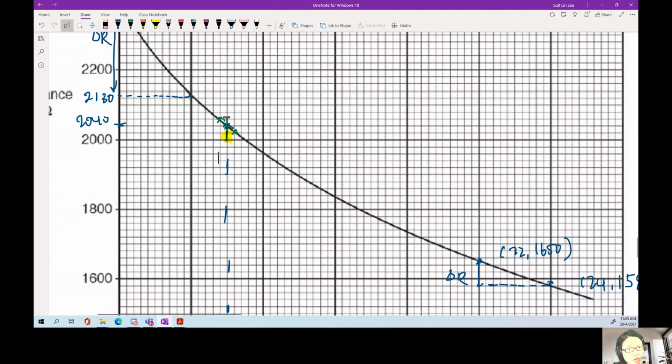Okay, so this is 2040. Your 2020 is down here. Look at where the curve is cutting the box here. Then this one here is 2060. So your plus minus 20, your error bar, is here. This is the error bar.